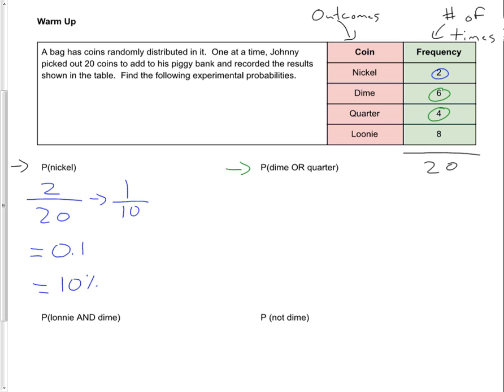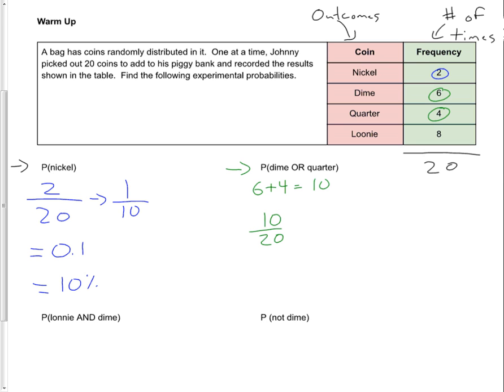So he had 6 dimes plus 4 quarters for a grand total of 10 pulls that resulted in either a dime or a quarter. So in total, 10 out of 20 results resulted in either a dime or a quarter being pulled out of the bag.